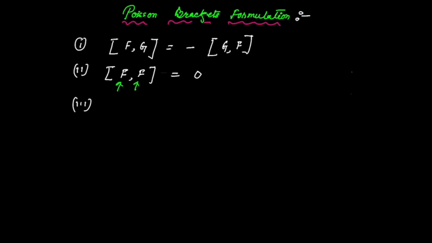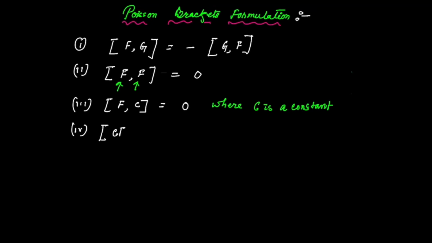Number 3: the Poisson bracket of a function f and a constant c is always going to be 0. Remember, c is a constant.